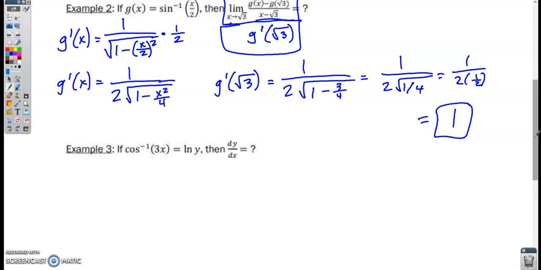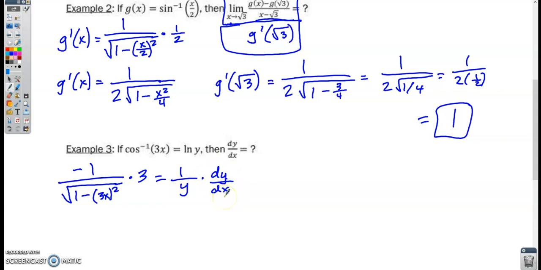The derivative of arc cosine of 3x is negative 1 over the square root of 1 minus u squared. Apply the chain rule, take the derivative of the inside, that's 3. And on the right-hand side, the derivative of natural log of y is 1 over y times dy dx, again applying the chain rule.